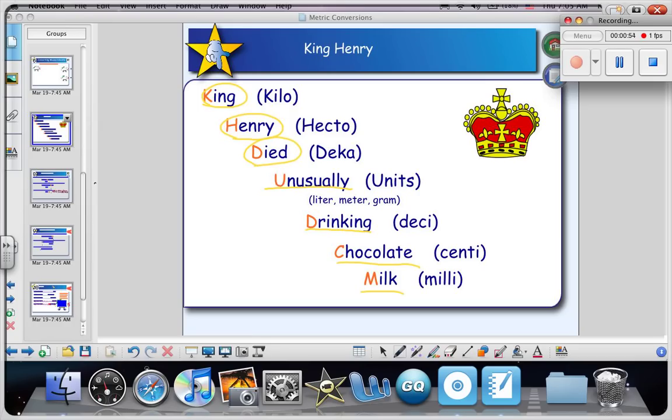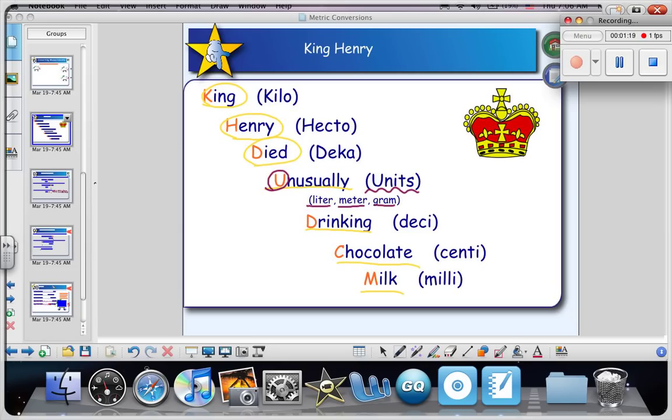And then I want to kind of talk for a minute about the units. The U for unusually. This could mean three different units. We're either converting in liters, meters, or grams. Okay, so if you see just one base, this is what I'm talking about.